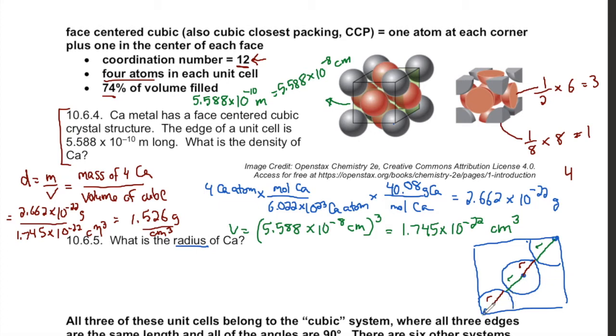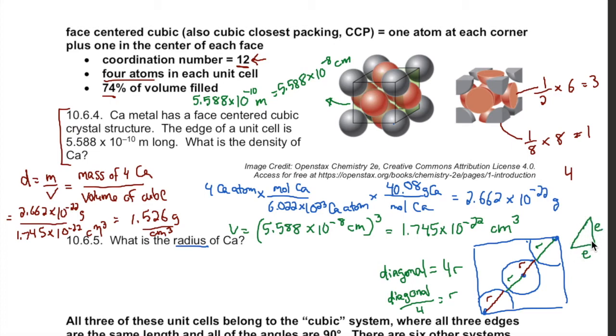So we have a radius going from the corner to the point of contact between these 2 spheres, another radius and another radius, 2 radii going across that sphere, and then another radius going to the corner from that point of contact. So the diagonal is 4 times the radius of a calcium atom. So if we could find the diagonal and what that length is, if we divide that by 4, once we find it, we would get the radius of a calcium atom.